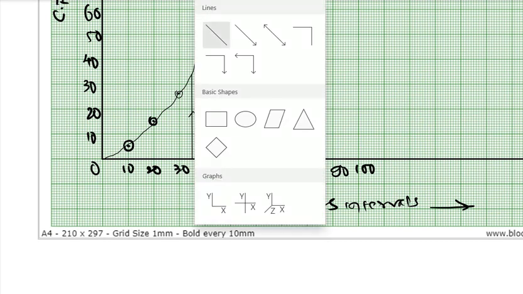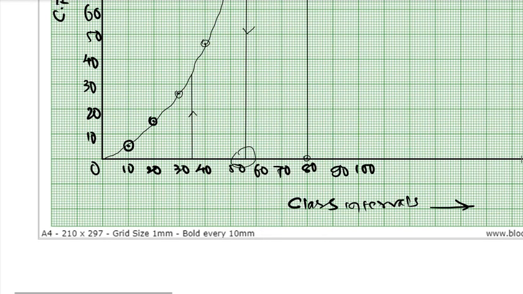Now again line, the point of line will be somewhere over here. Cool. So the line will go towards the left and this is how it's going to be.